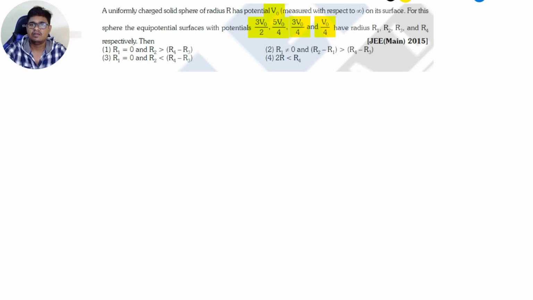So if I draw the sphere and try to find out exactly what the possible values of the radius are, suppose this is our sphere and this is the center. Here potential is 3 V naught by 2 and on the surface potential is V naught.